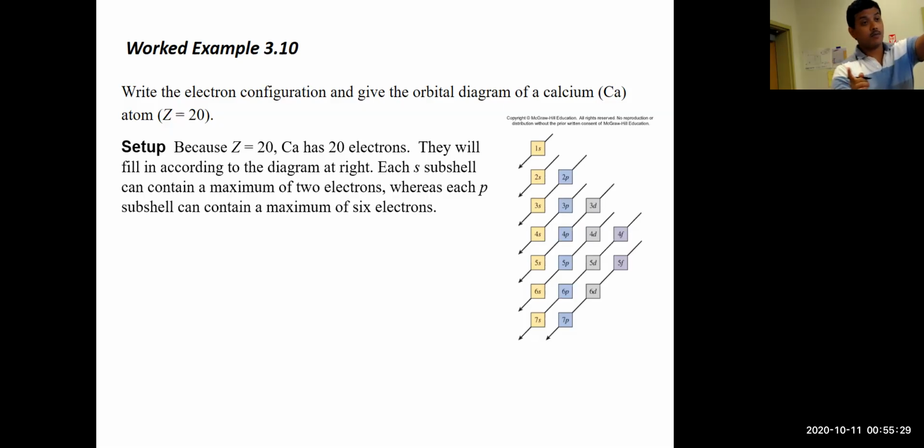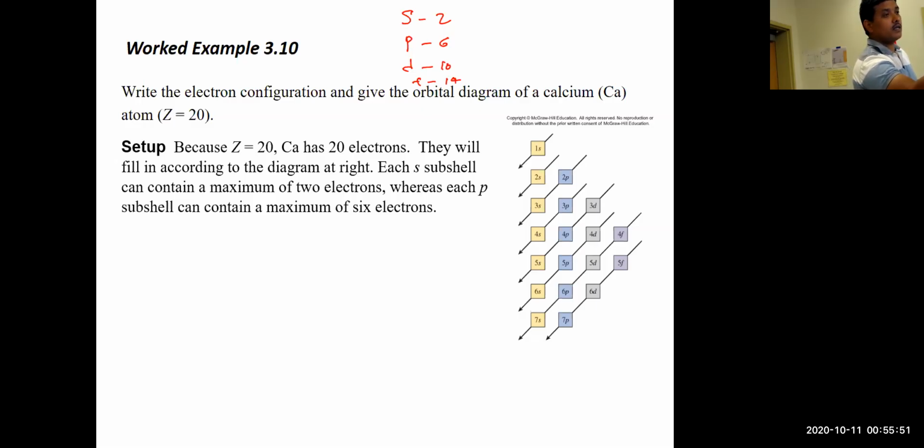Again, this is very important and you need to remember it, and I showed you the work for it. And these are the maximum number of electrons each of the subshells can hold. F is 14.